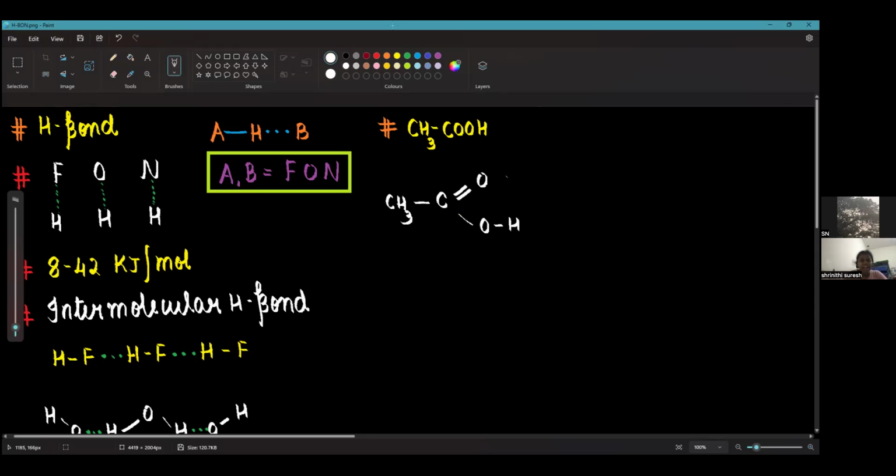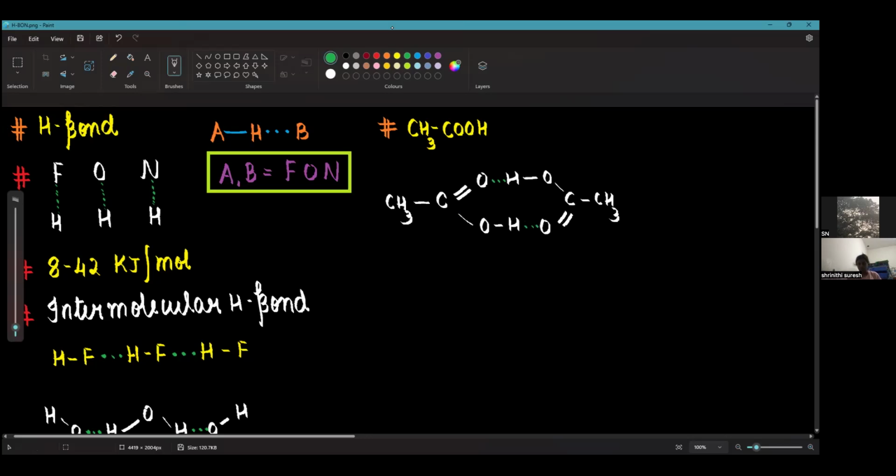Similarly, you will make another carboxylic acid, C double bond O and OH. So where is the hydrogen bond over here? The hydrogen bond is over here. See, this is the hydrogen bond.